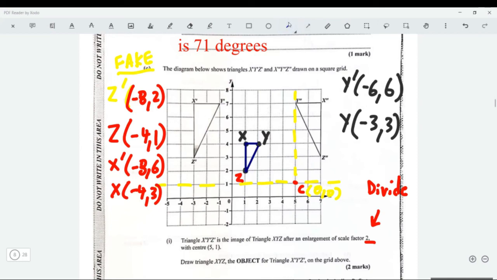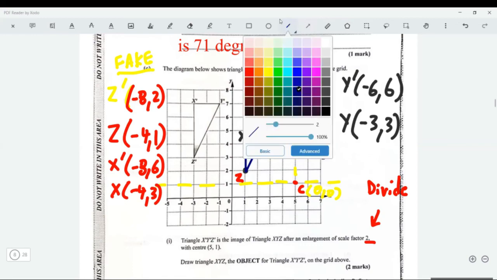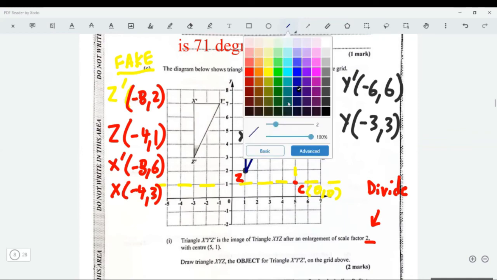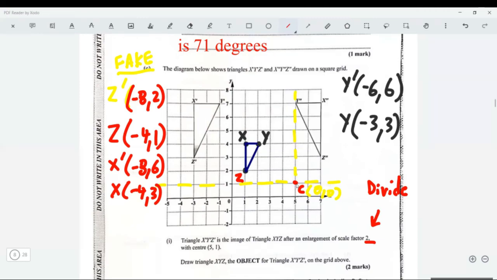And just to show them that the center of enlargement is indeed 5, 1, what we're gonna do is look at this. We're gonna take out now a red line, and look what we're gonna do. We're gonna draw a line from the center. You're gonna notice that it's gonna pass through the image and the object point. They're all gonna intersect at 5, 1.